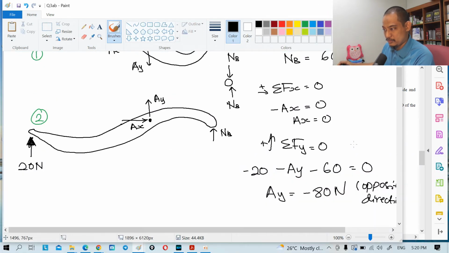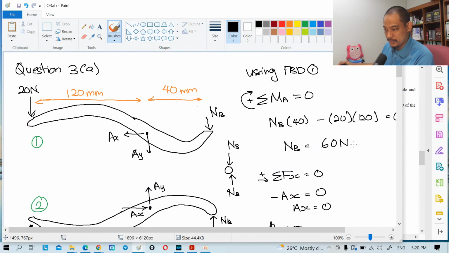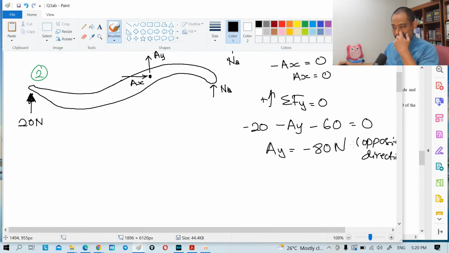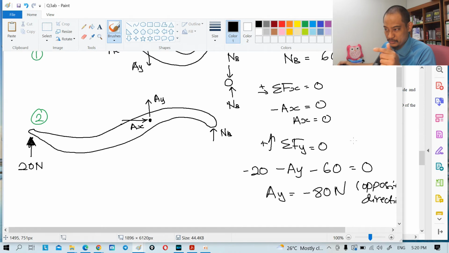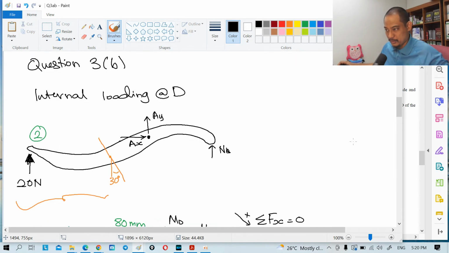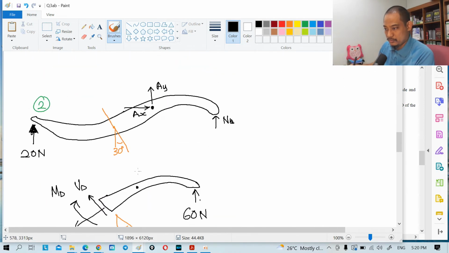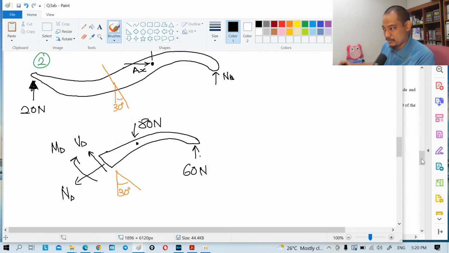AX is 0, AY is 80. So AX 0, AY, yeah, we use the bottom one, so it's opposite. So AY downwards. So downwards 80 Newton, right? AX 0.